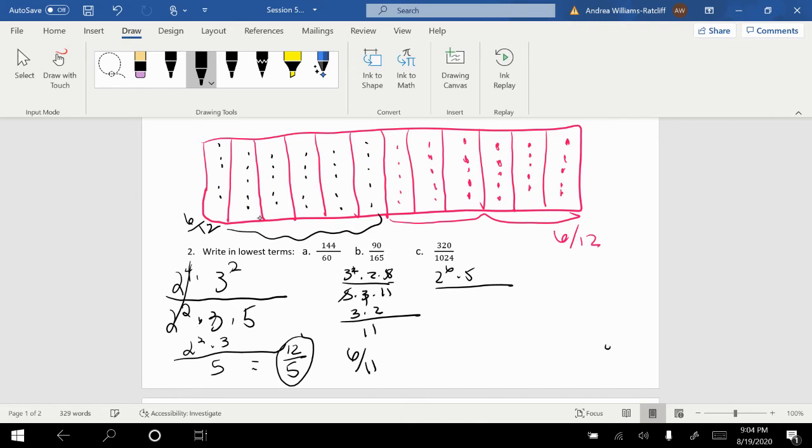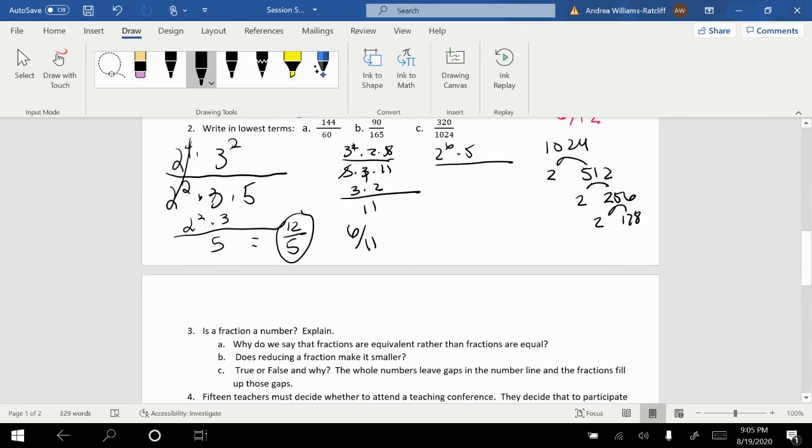And then I can follow the same process for the denominator. Start out with 2 just to make this an easier process. I may need some additional space here, so I'm going to scoot up.